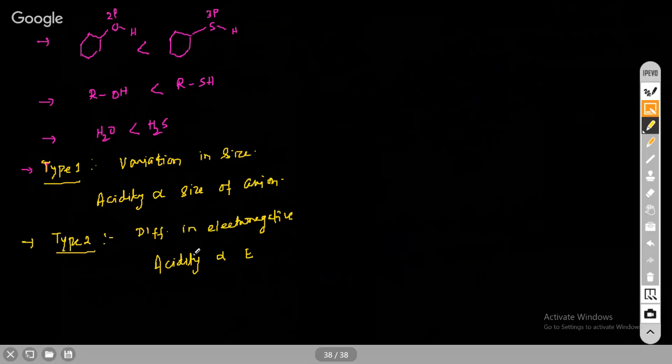Okay, so difference in electronegativity. So acidity is directly proportional to the electronegativity we have. Okay, so like all these examples we have done for size factor. Now for electronegativity, one example I have given you. For this one, you see RC triple bond CH, then RCH double bond CH2, then RCH2CH3.